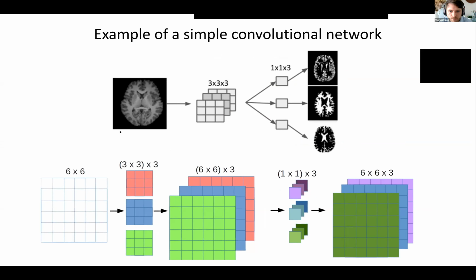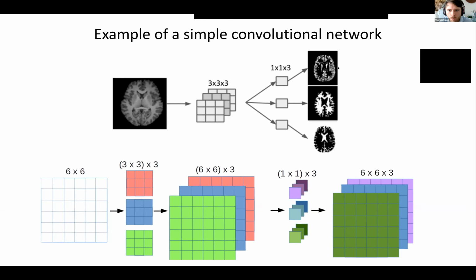You have some kind of input image, and then some kernels here. Here we have three 3x3 kernels. For each of these, we slide it over the image, and then we make a prediction. This would be a 3-class segmentation: we predict whether a pixel is gray matter, white matter, or background.